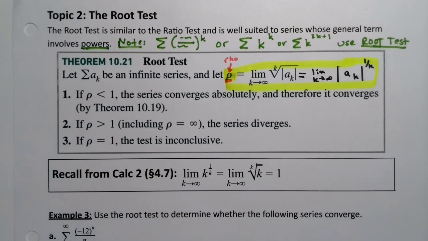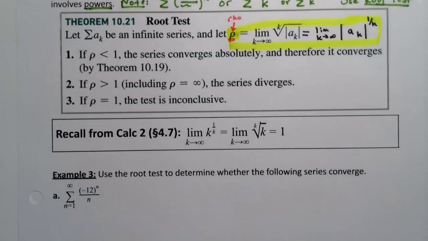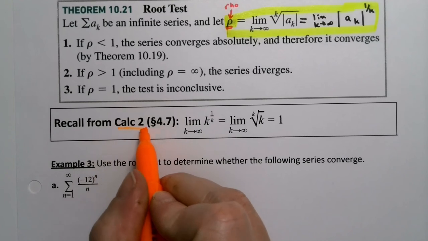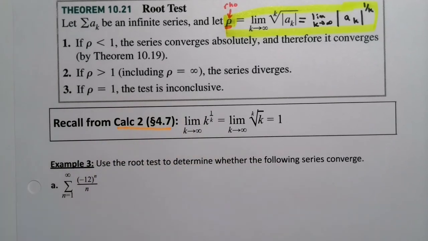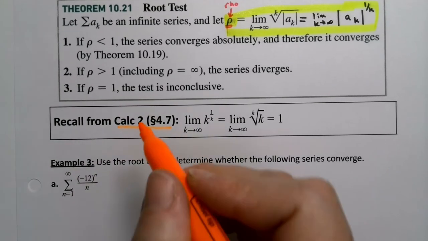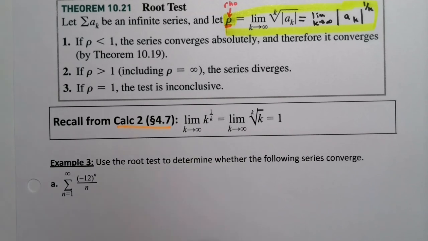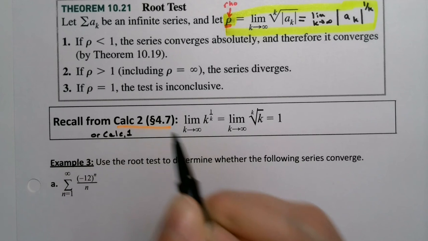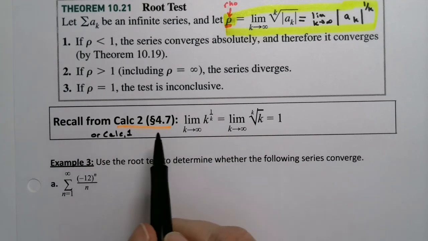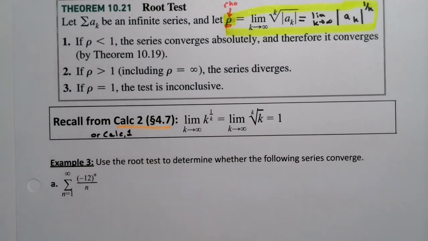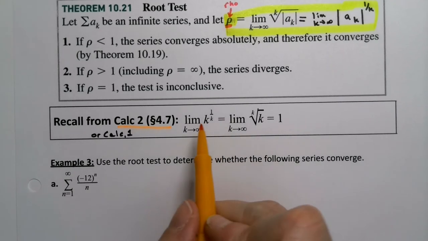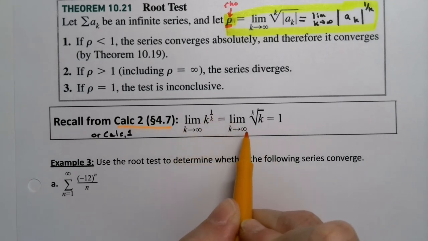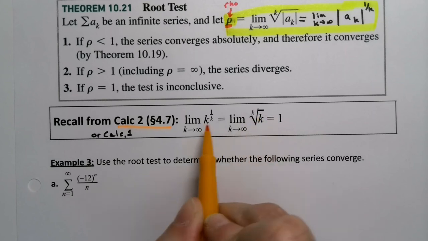Now remember from Calc 2, this is just a little review section. In Calc 2, or Calc 1, whenever you learned L'Hopital's rule, sometimes you've seen it twice. We learned by L'Hopital's rule that the limit as k goes to infinity of k to the 1 over k is equal to the limit as k goes to infinity of the kth root of k, same difference.